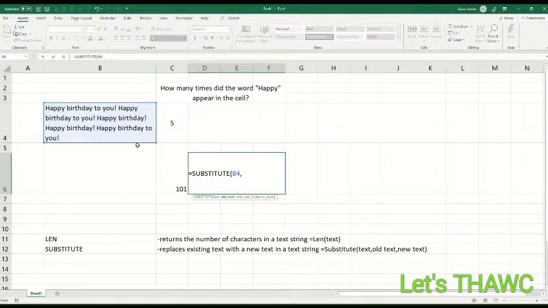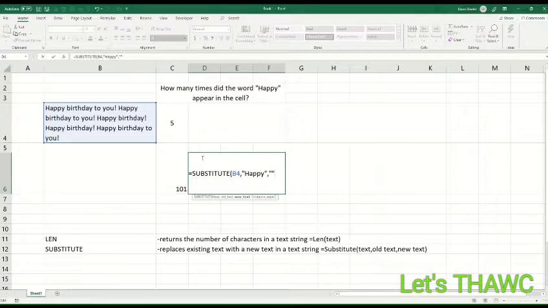I'll replace the old text, in this case, happy. This is case sensitive, so I'll type in uppercase H and then APPY. Since I'm looking for a text string, I need to enclose it with double quotation marks. And then I'll replace it with a blank, or a blank character.